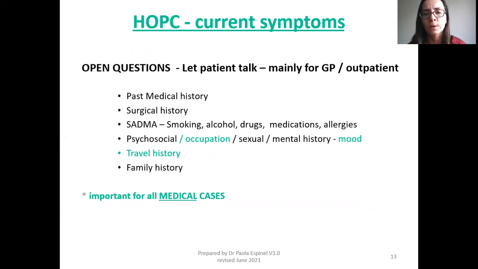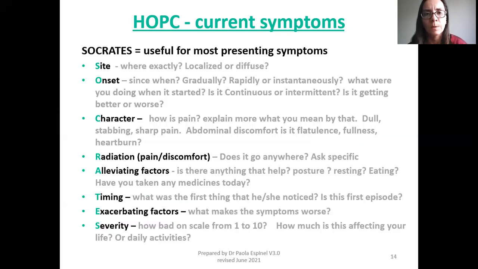So it's all about making sure that we don't miss these opportunities to ask when we're first collecting the history, because you don't want to be jumping from examination or differentials to, oh, I forgot to ask this. So it's good to keep in order and to focus on everything that you find relevant in this case.